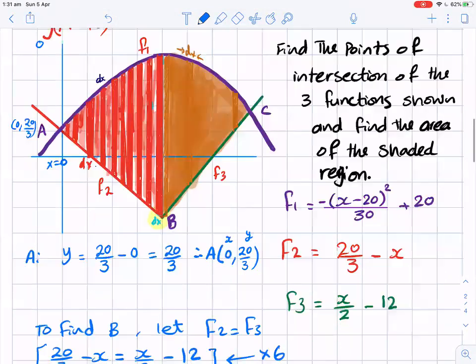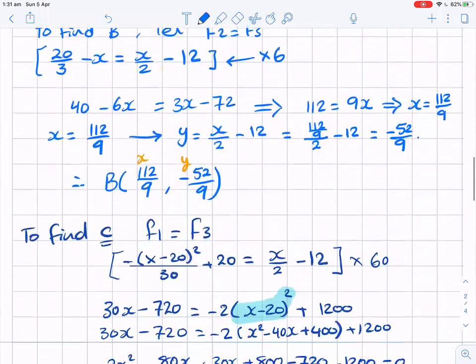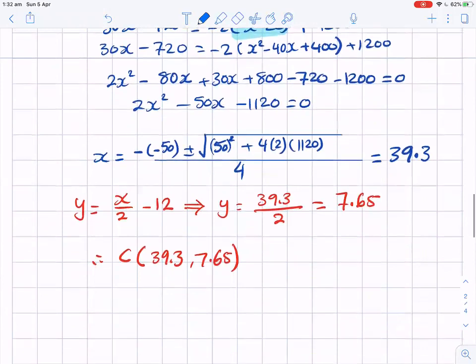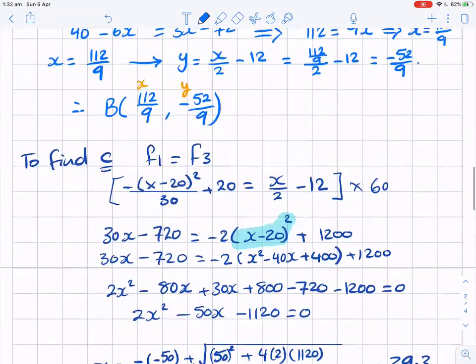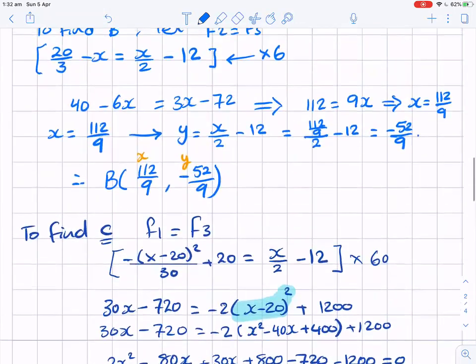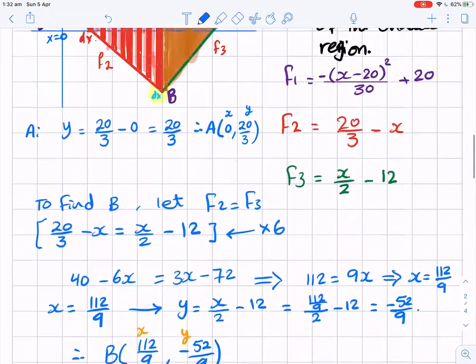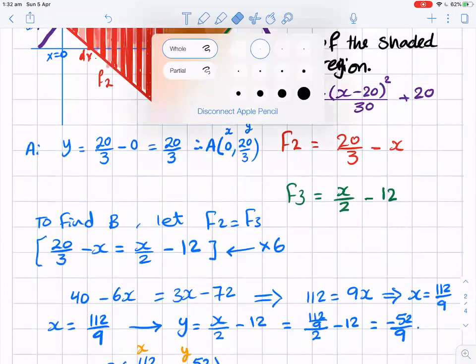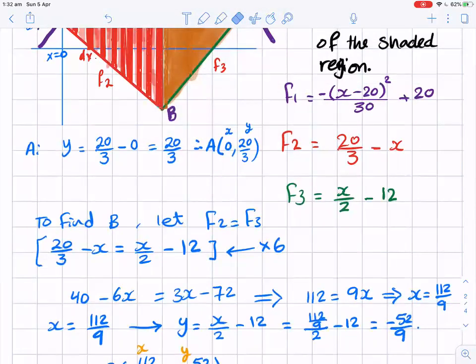What's the coordinates for it? The x for B was 112 over 9. It's a strange number, but okay, so this is 112 over 9.